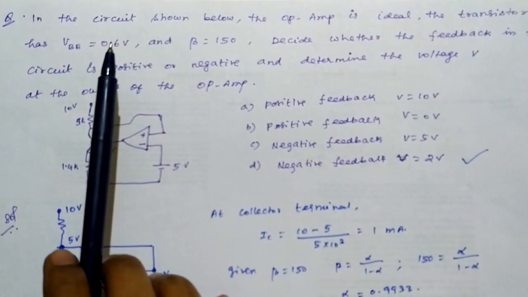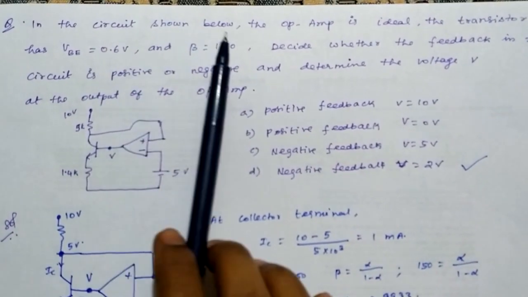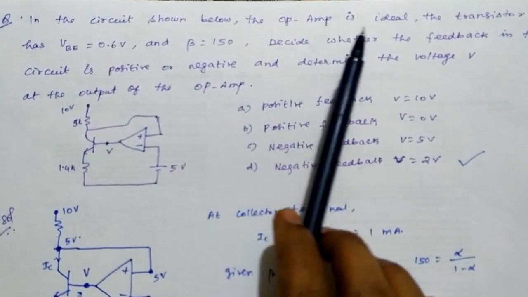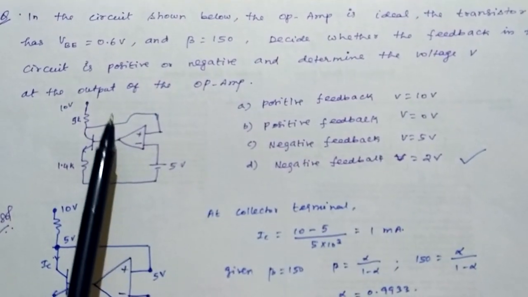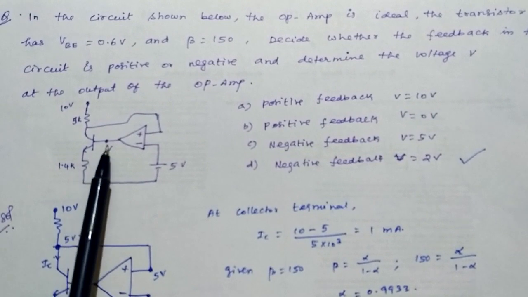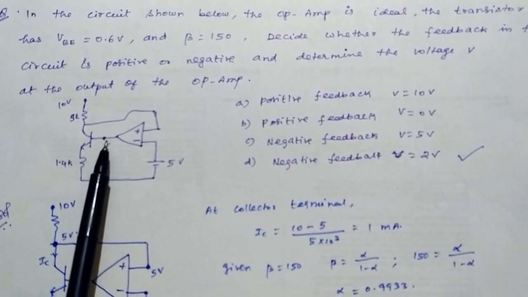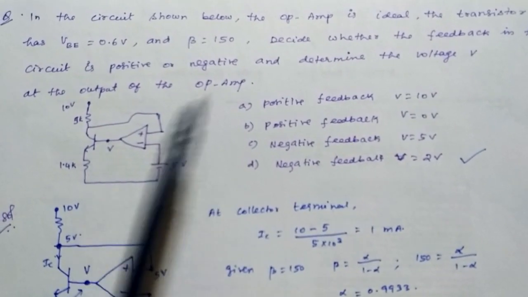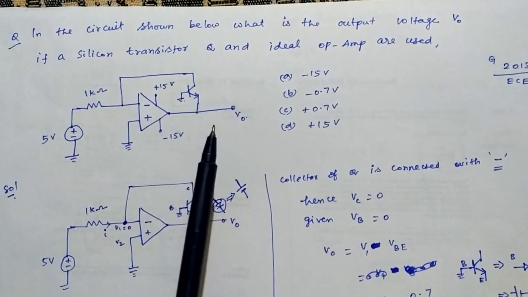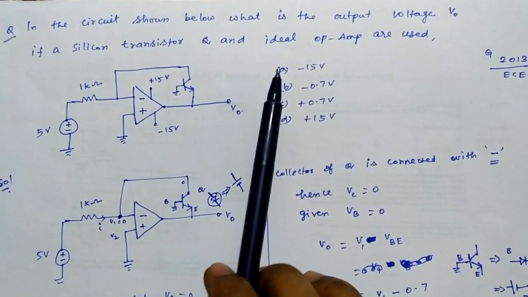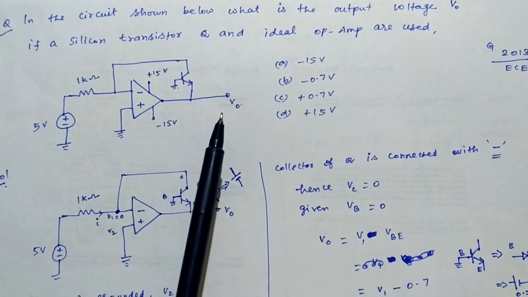So next question. In the circuit shown below, the op-amp is ideal. The transistor base emitter voltage is given. In the circuit shown below, what is the output voltage?